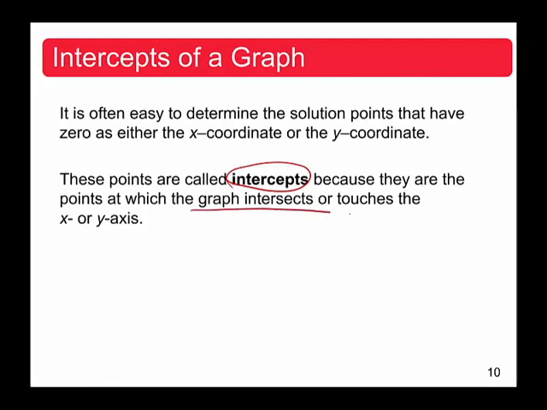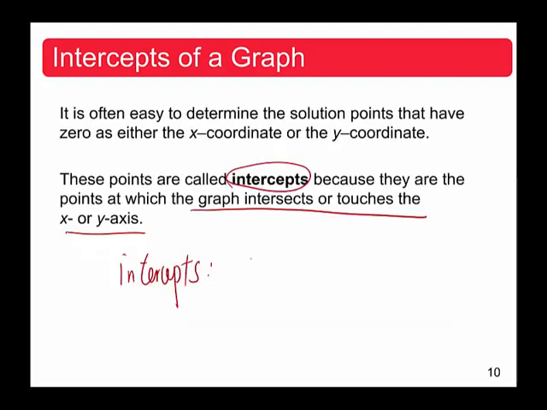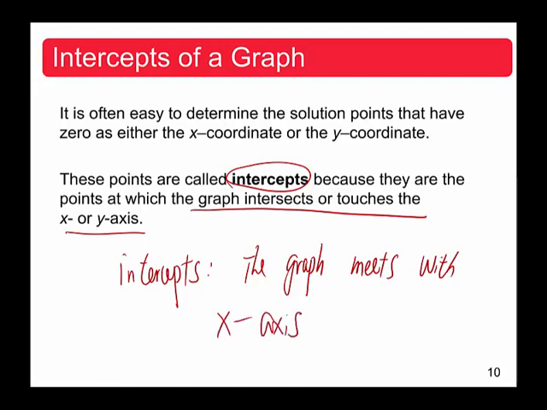So the graph intercepts or touches the x-axis, y-axis. That's generally what we call the intercept. The graph meets with x-axis or y-axis.